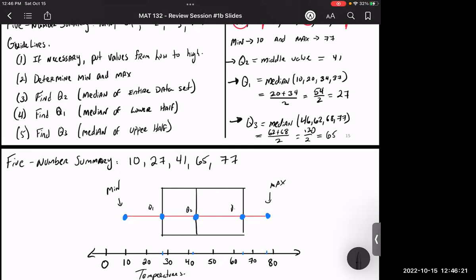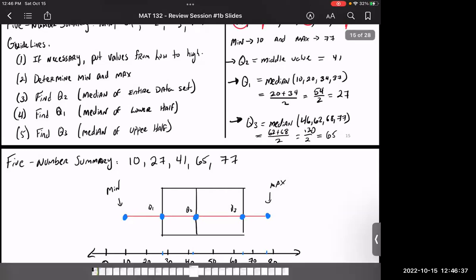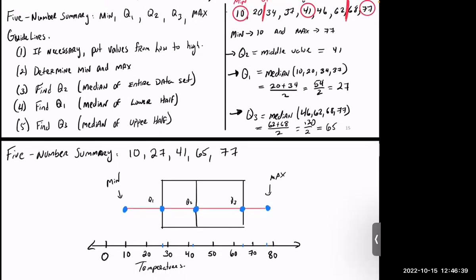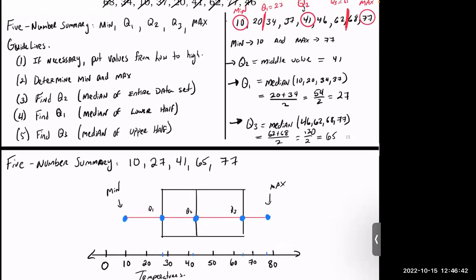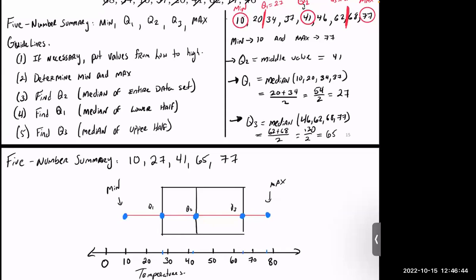All right, the box is for Q1 and Q3, but the vertical line goes through Q2. Yep. And that's it. That will be your solution to problem number 11.